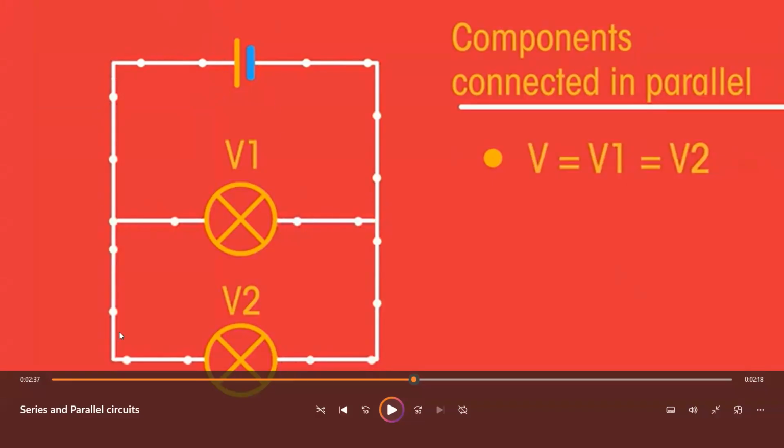Those going to the lower branch will deliver all their voltage to the battery and come back empty-handed. I cannot pass by both components at the same time in the parallel. I can only pass by one of them. So this means that each one of them takes the maximum voltage of the battery.